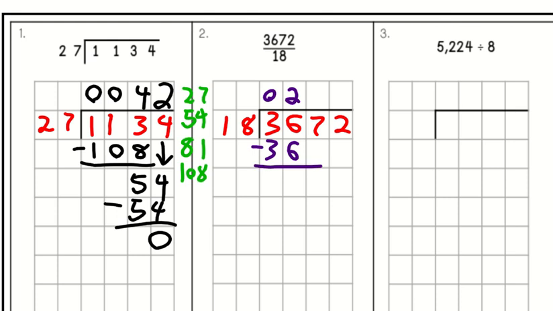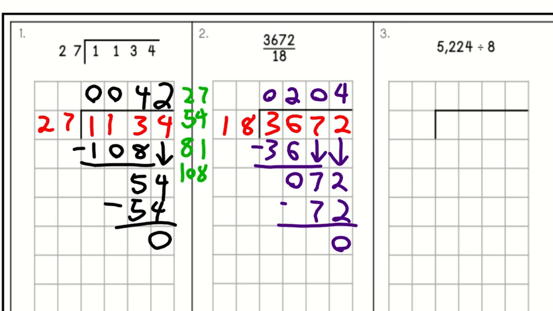So we subtract, we get 0, bring down the 7. 18 does not go into 7. So we bring down the next number, we got 72. 18 goes into 72 4 times. 18 times 4 is 72. So we subtract, we got no remainder, it gives us 204.